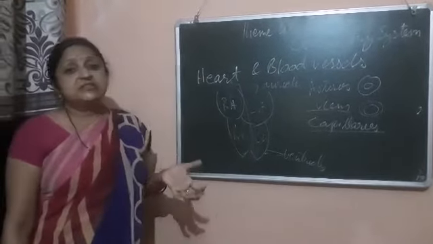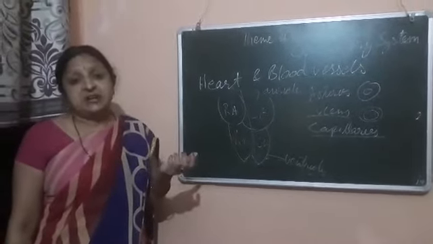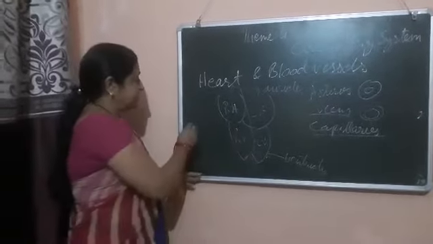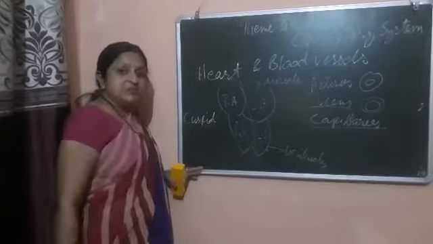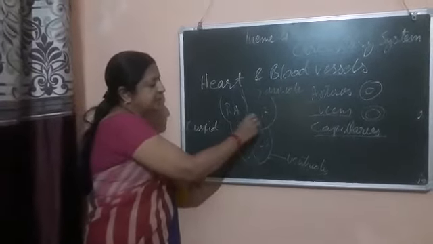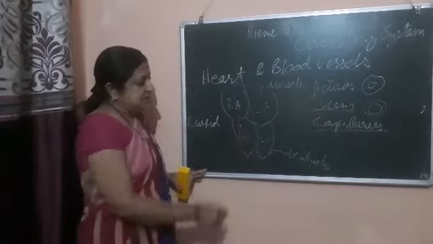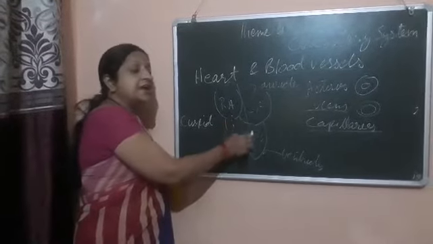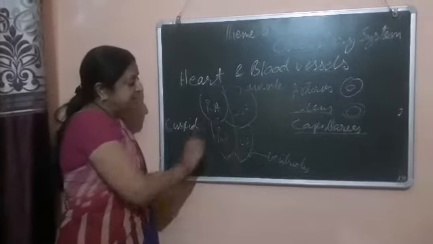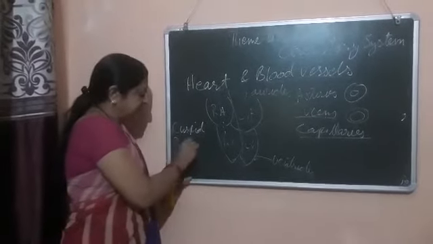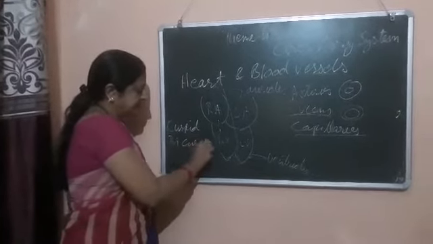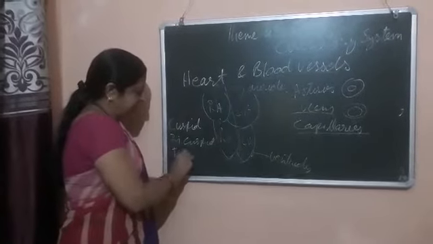Now there are some valves present in the heart. First is the cuspid valve. Cuspid valves are present between the auricles and ventricles. There are two cuspid valves, bicuspid and tricuspid.